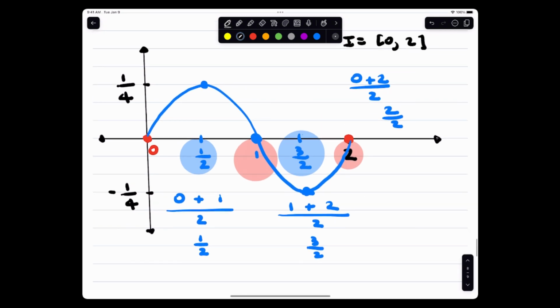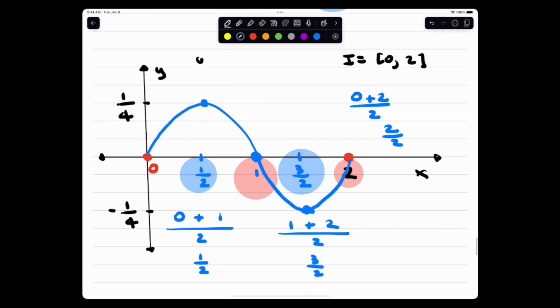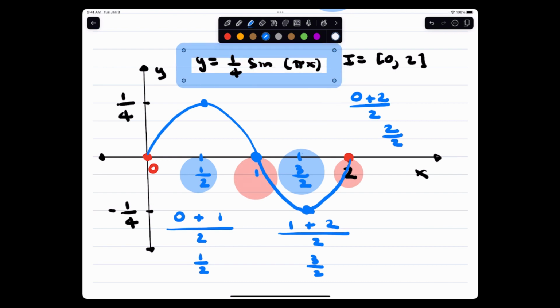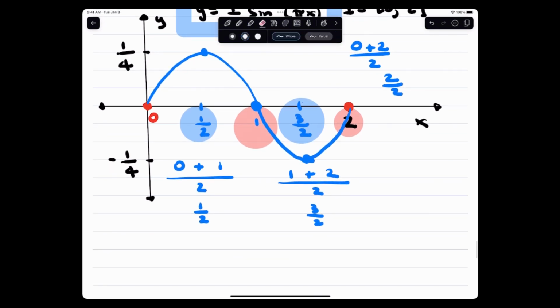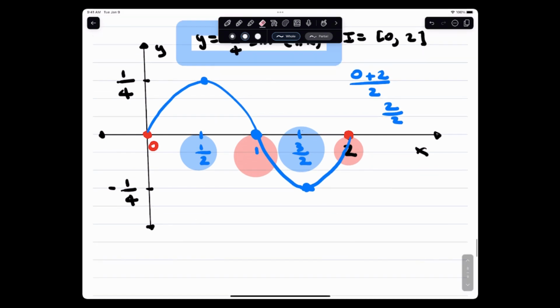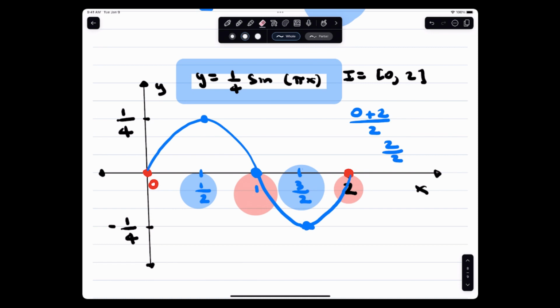So guess what you guys just did? This is the x and y axis. What have you guys just done? This is y equals what? 1/4 sine of what? Pi x. So, I'm going to get rid of our arithmetic, but the point I'm making is there is arithmetic in trigonometry.